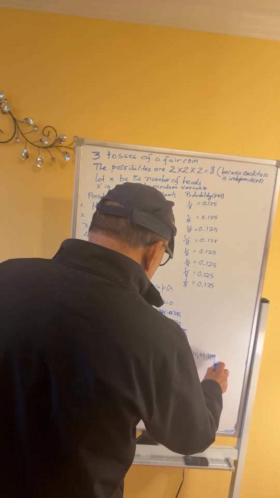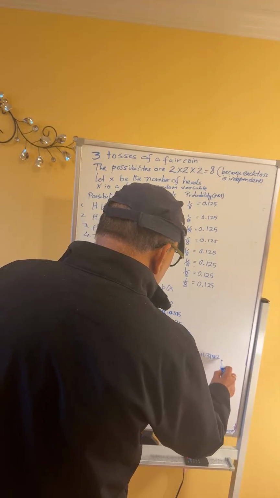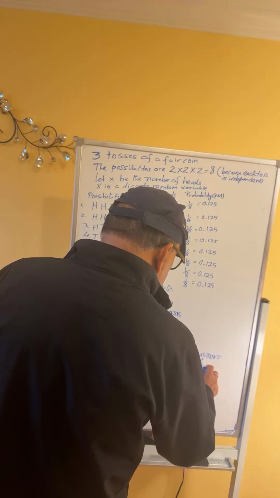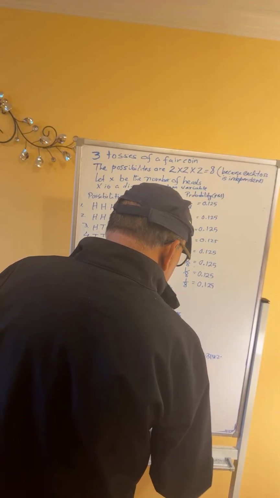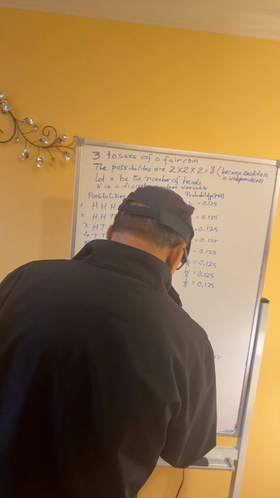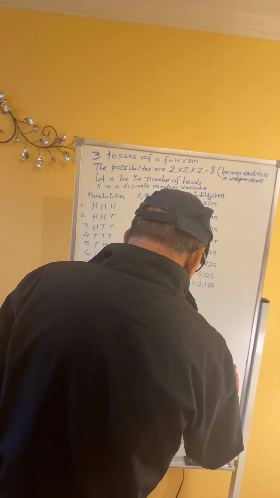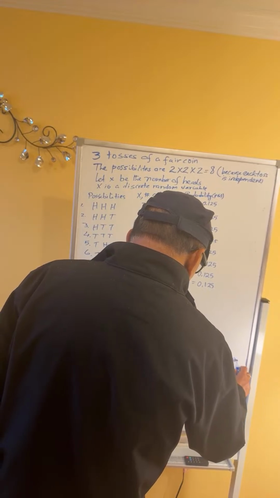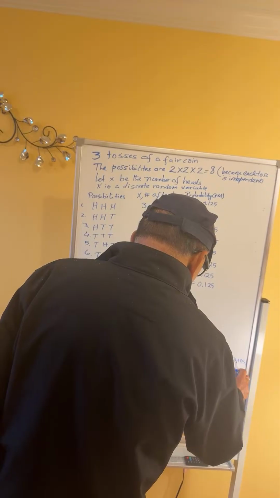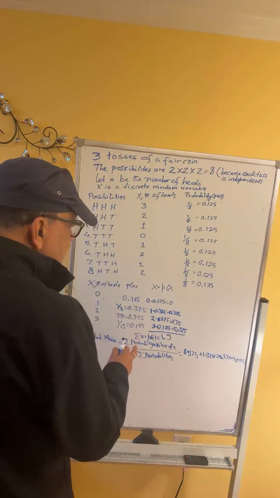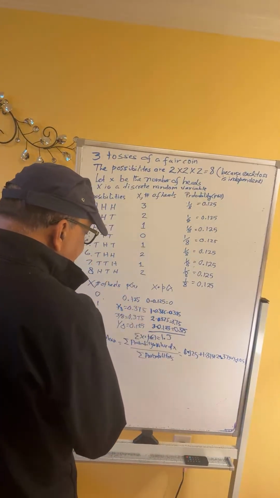Next one, you have 2 times 0.375. Then 3 multiplied by 0.125. Okay. So you are multiplying each probability value with the corresponding x.